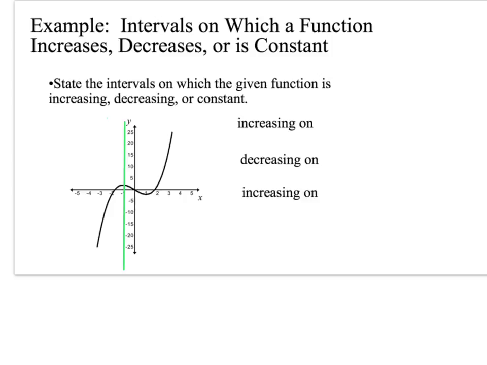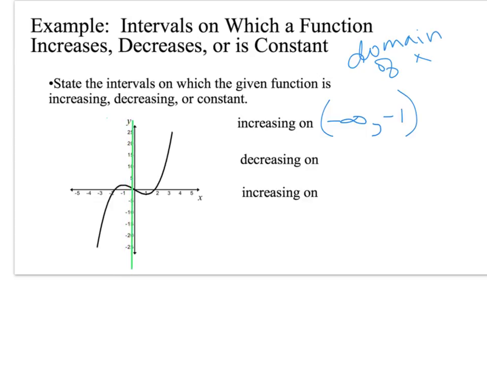My first interval when it's increasing is going to be negative infinity to negative 1. My graph is going to be increasing. And you can see that I'm doing this in terms of my x values. Intervals are always described by the domain of x. So we're only interested in the domain of x for our intervals in terms of whether a function is increasing, decreasing, or remaining constant. So only looking at those x values.